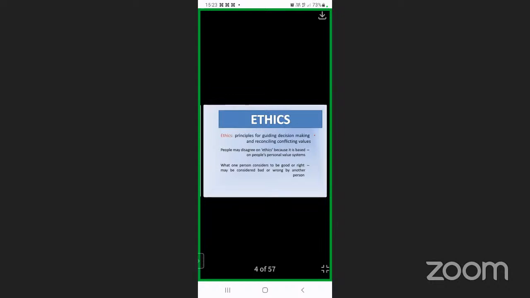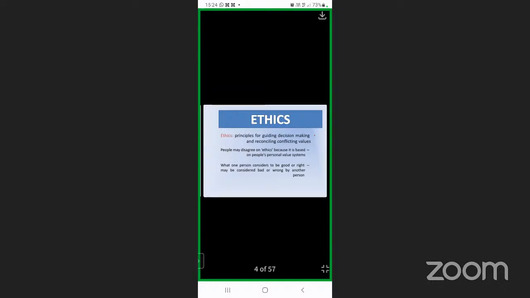So there should be a principle for guiding, or for making the decision, or for reconciling the conflicting values. Here people may disagree on ethics because it is based on people's personal value system. Again we can say what one person considers good or right may be considered bad or wrong by another person.